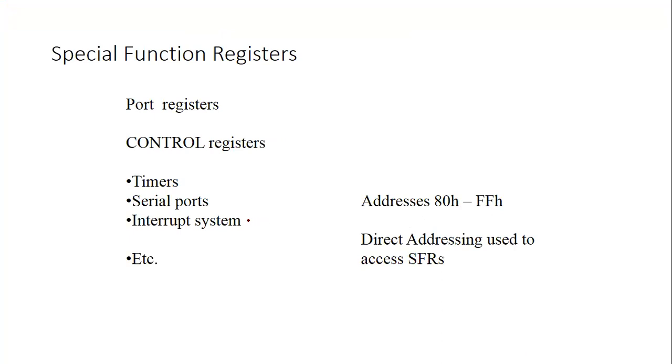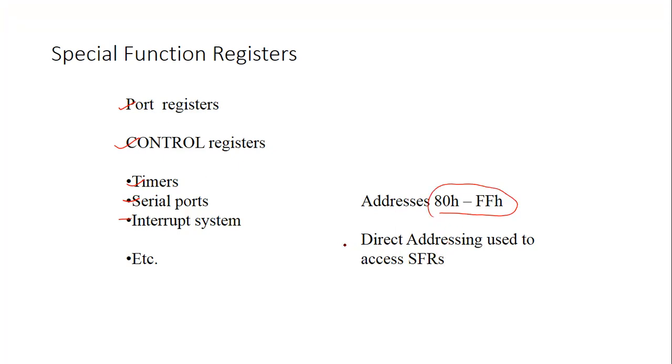In the case of special function registers, there are different registers associated with the ports, control registers, timers, serial, interrupt, etc. The address 80H to FFH is normally considered as the special function registers, SFR.